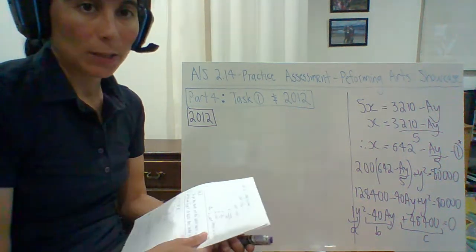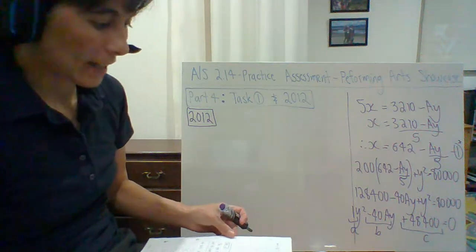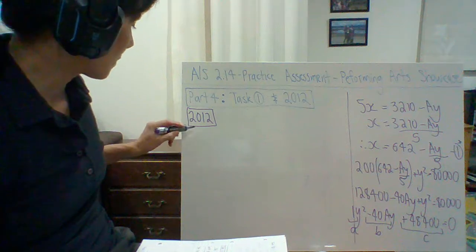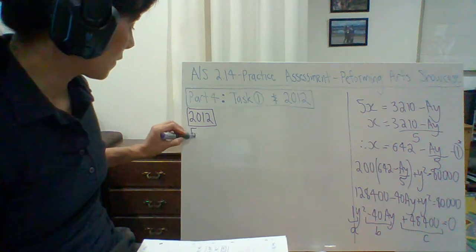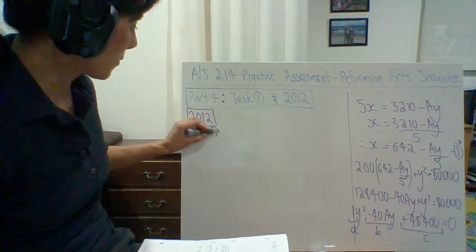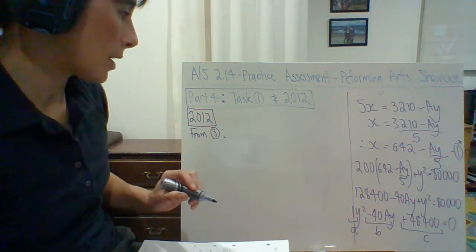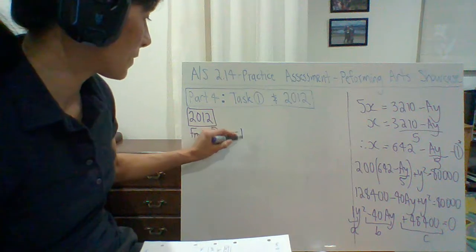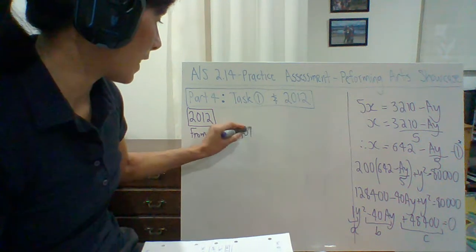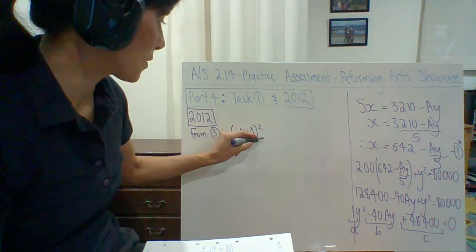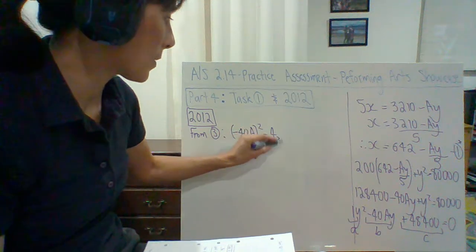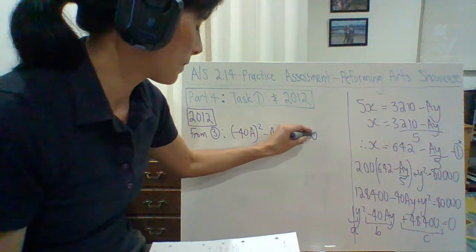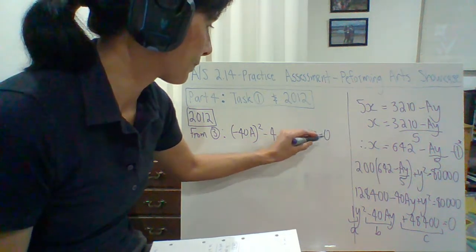From equation 3, we've got b squared minus 4ac equals 0 because of the one solution criteria. So from equation 3, b squared minus 4ac, we've got b here as negative 40A, so negative 40A all squared, minus 4 times a times c, equals 0.